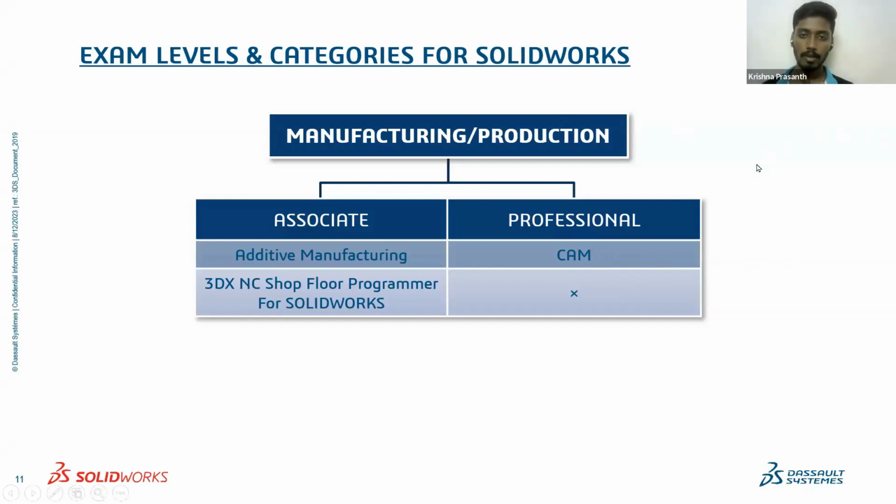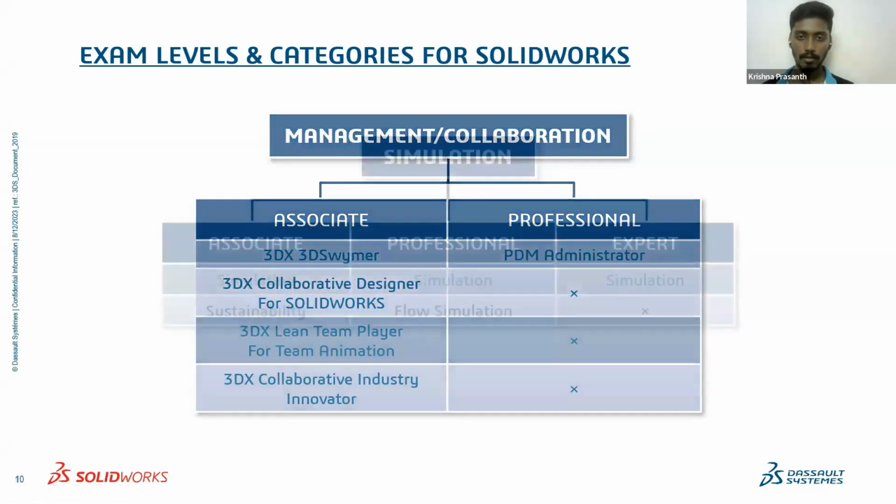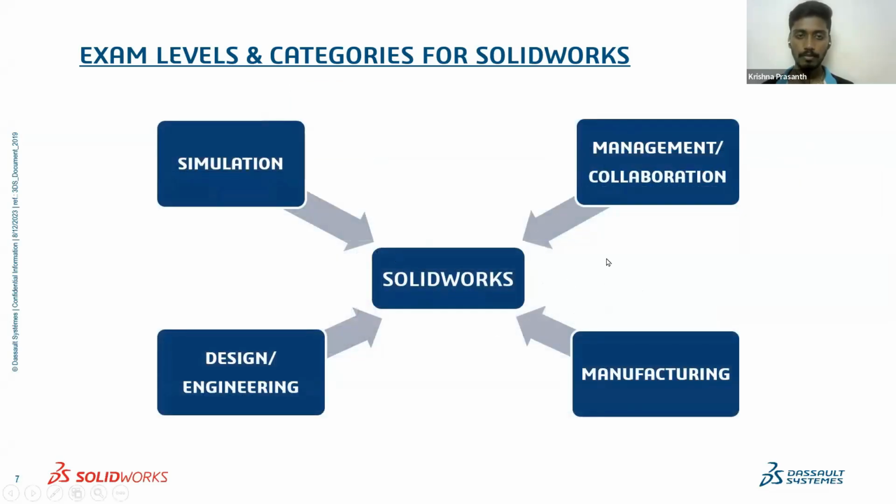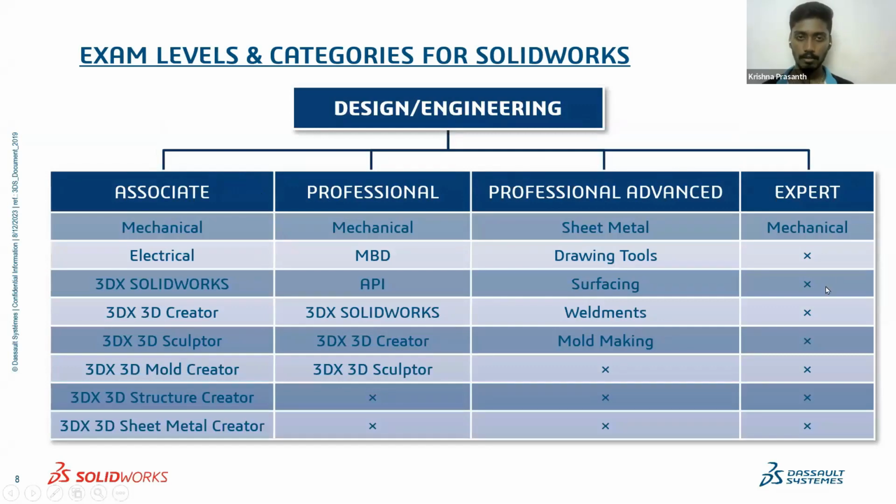We will be using the tools in which we can provide the G codes and M codes and optimize the data. So this is what the professional level CAM program provides. So these are the certifications available for SolidWorks, right? The desktop level and then the 3D Experience level.